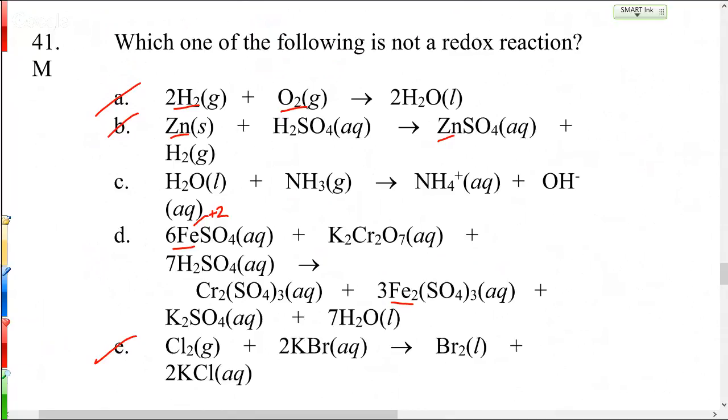Well, what's the charge on sulfate? Sulfate's still sulfate, so that's -2. If there's 3 of those for 2 irons, what does each iron have to be?